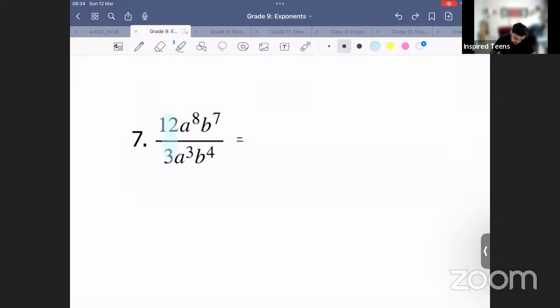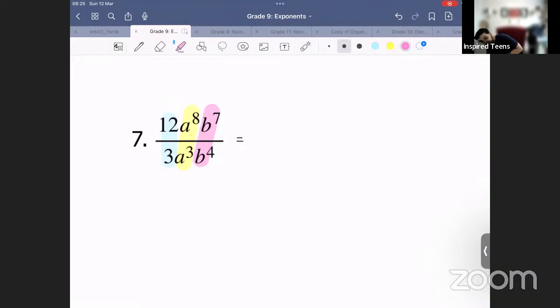So again, you're going to simplify your like terms together: the constant terms, or the actual numbers, and then each variable separately. You simplify a together, then you simplify b together.